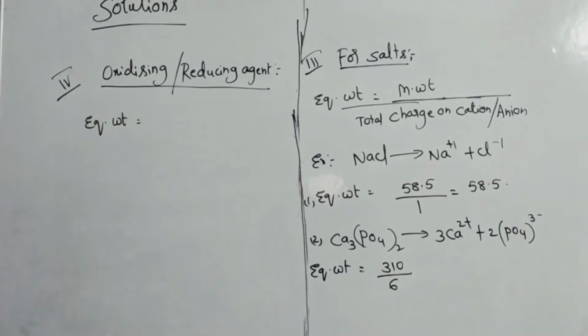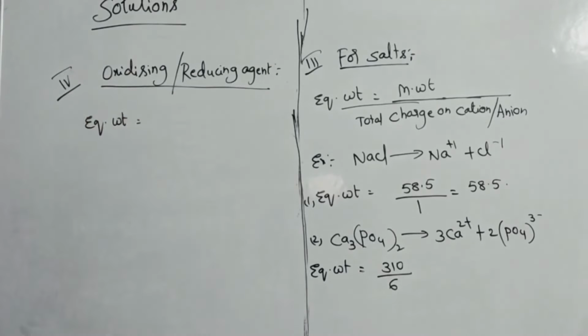Here they are asking you to find the number of milli equivalents of solute. To find the number of milli equivalents, you have to find the N value here. Number of milli equivalents is equal to normality into volume in milliliters.